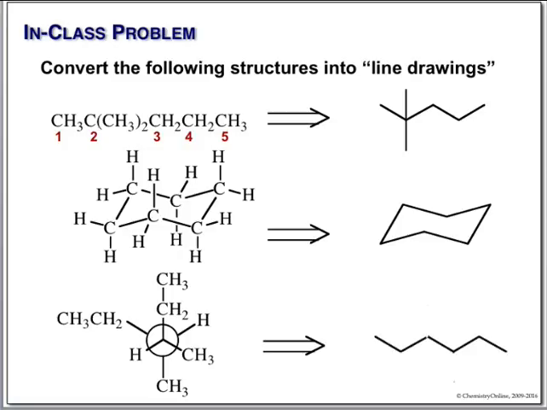How would I know it's attached to the side? Well, we'll look at this in just a second. We'll turn this into a sawhorse, and it might be a little clearer. But okay, so let's go down this way. Our front carbon here is the 3rd one in, isn't it? And it's got a CH3 on it.